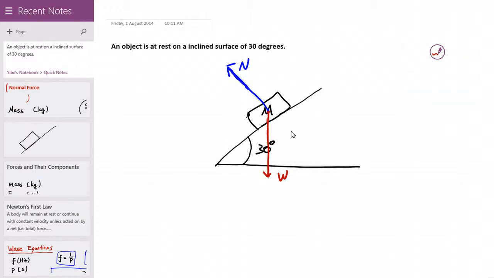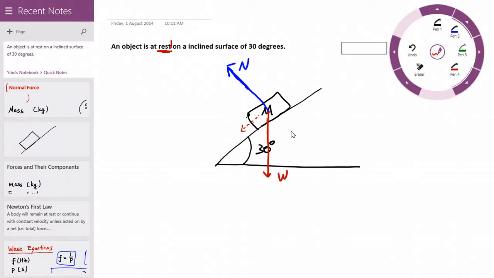So the net, if you do your vector calculation and add these two forces up, will be a force pushing the block this way, down the slope. However, in this scenario, the object is at rest. So how does this happen?